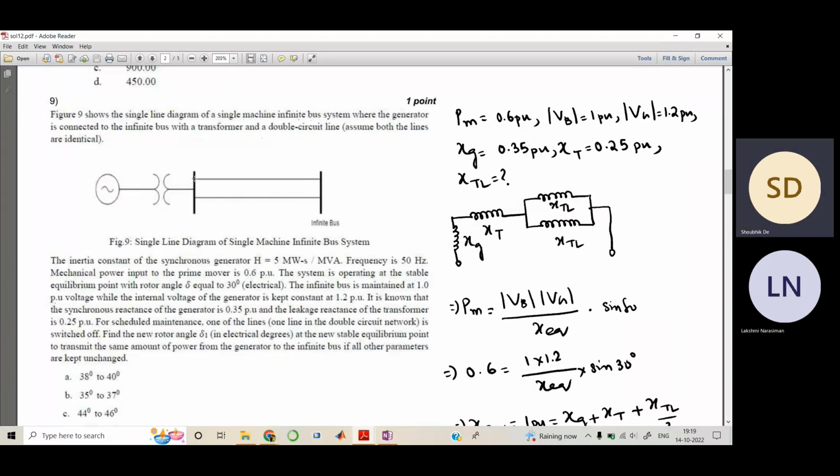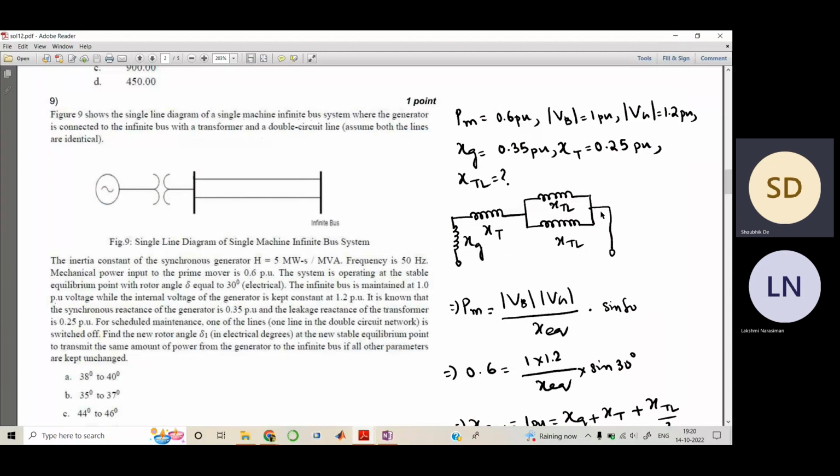So at this point the voltage is 1.2 per unit, and it is known that the synchronous reactance of the generator is 0.35 per unit, and the leakage reactance of the transformer is 0.25 per unit.